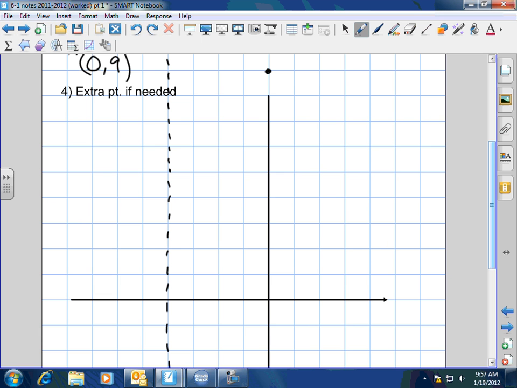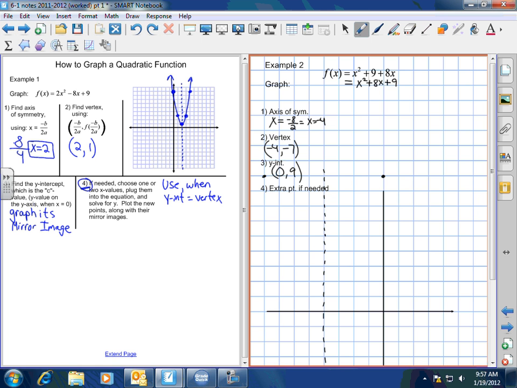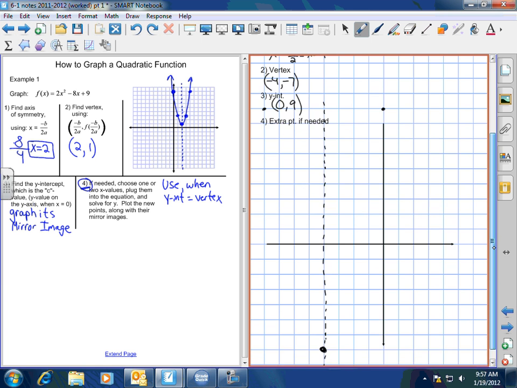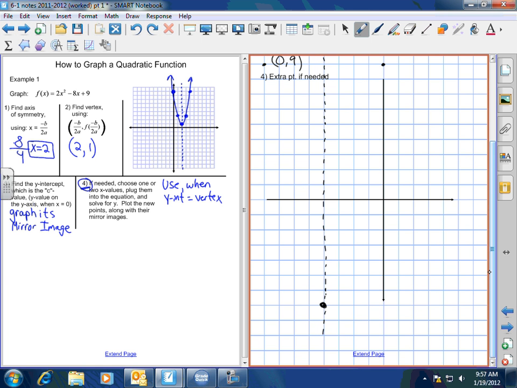So isn't the mirror image going to be 1, 2, 3, 4 to the left? Okay. Now I'm going to do this so I can see what I'm doing. I'm done. And that was horrible. That was the worst parabola. Better. That's my graph.